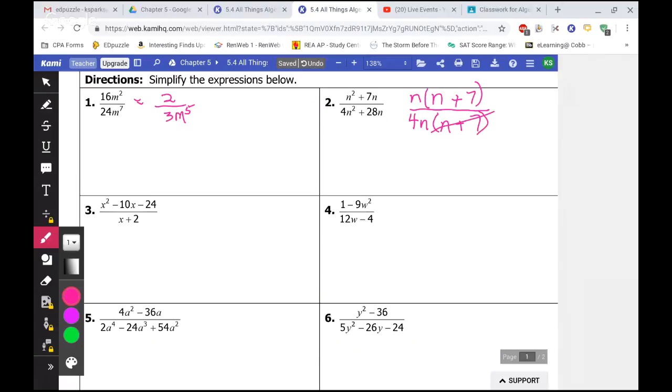So the n plus 7 both factor out, and the n on the top and the bottom factor out. That doesn't leave you with a 0 on the top, however. That leaves you with a factor of 1 left over. Very important to note that. So your final answer is 1/4.